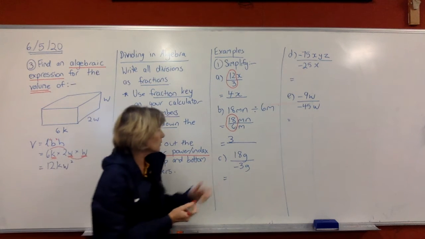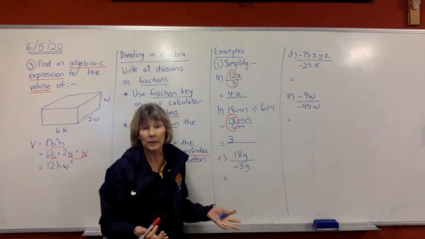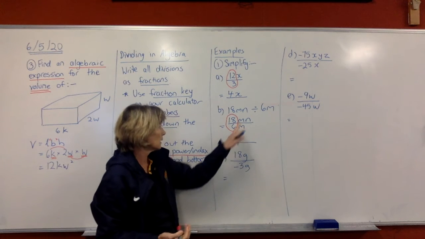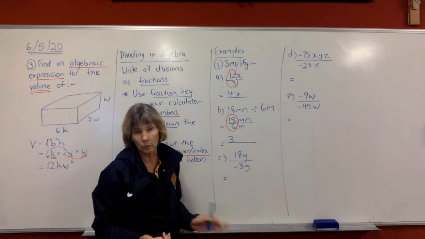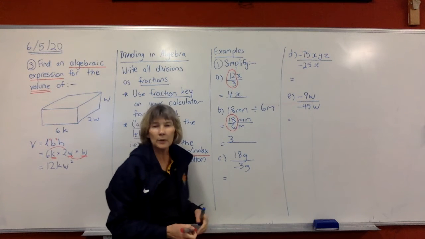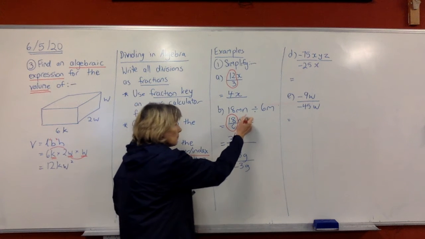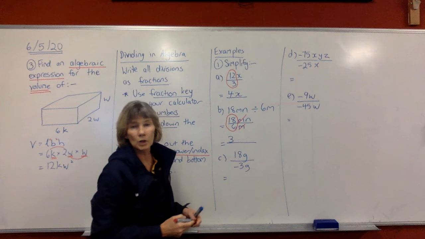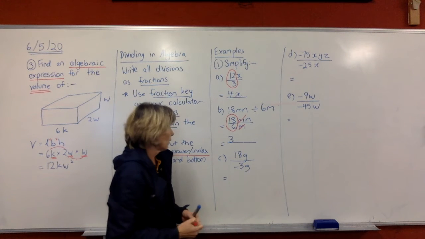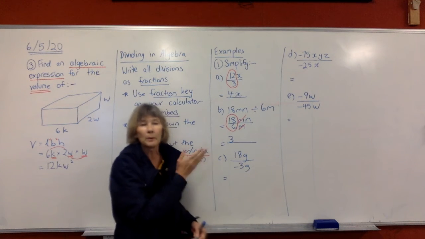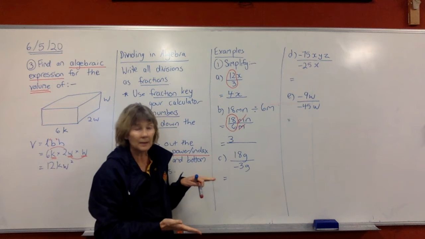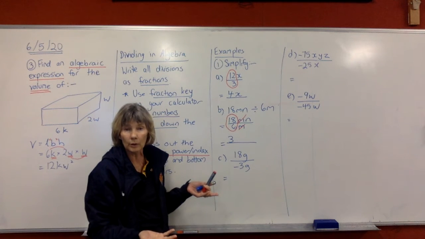Alright, now with those M's, I said over here that we're crossing out the smaller power or index. Now in this case with the M's, we don't actually have any indices or powers. If you wanted to, you could write 1 and 1 there for the M's. We don't need to. If you can see an M on the top and an M on the bottom, just cross them both off. We're crossing off one M off the top and one M off the bottom so we keep it balanced. And all the M's are now gone.